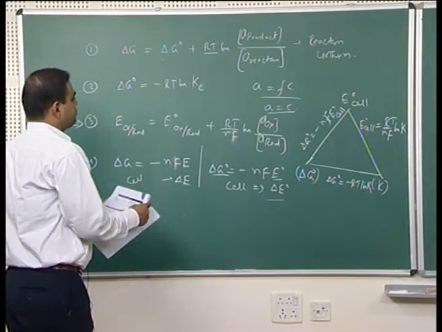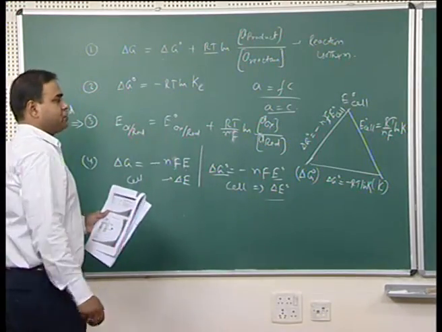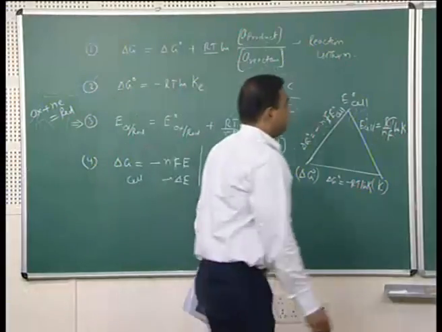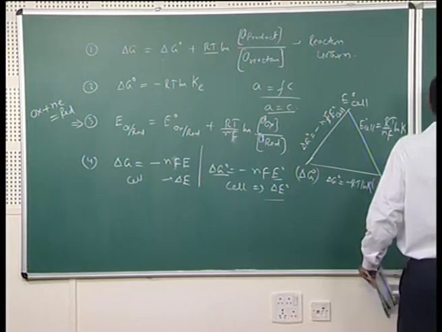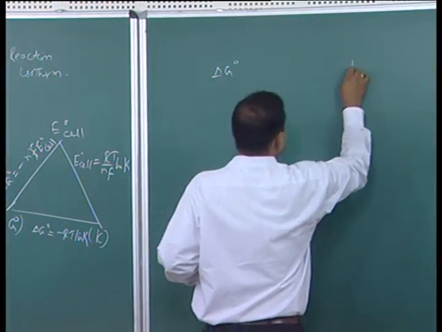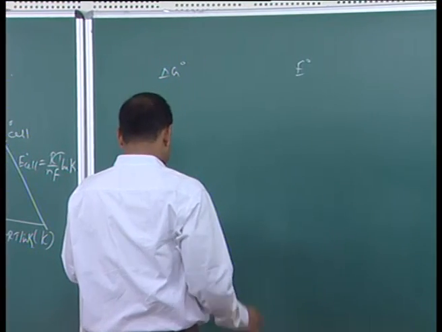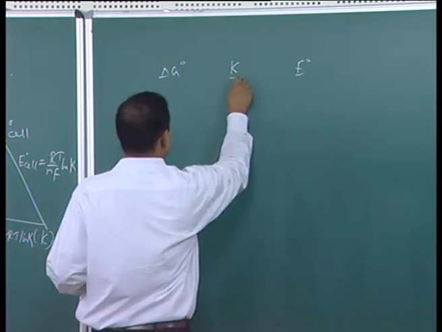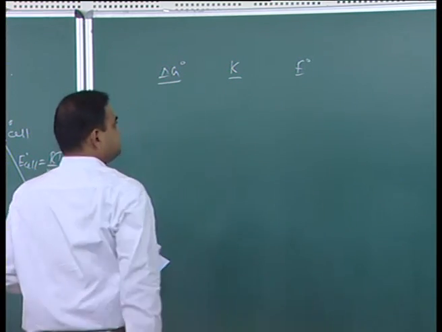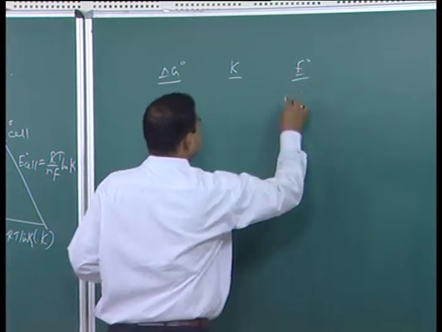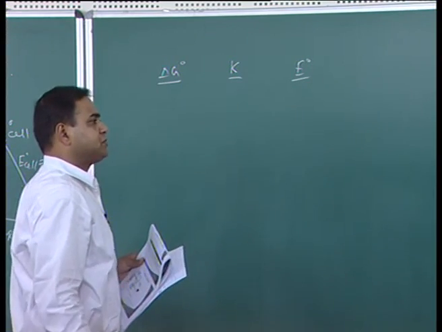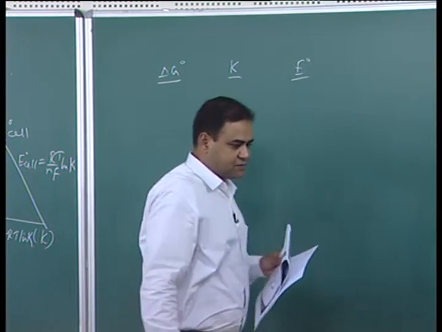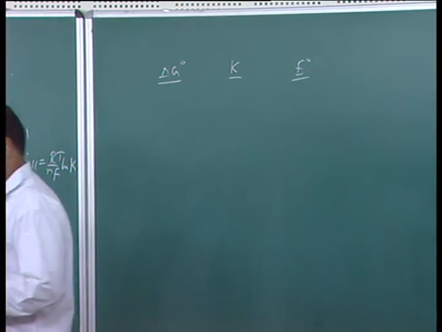Now from this you can also judge whether a process is spontaneous or not. Let us say you have del G0, E0; these are the values which are considered. This is the equilibrium constant, this is the energy change in the standard state, and this is the standard reduction potential in the standard state, when the activity of those ionic species is considered to be 1.